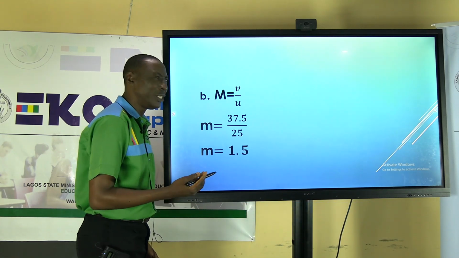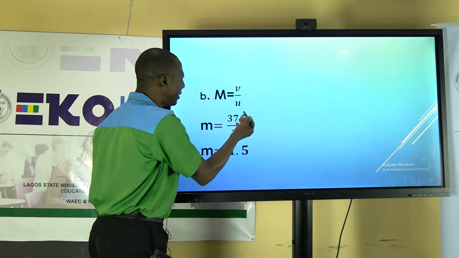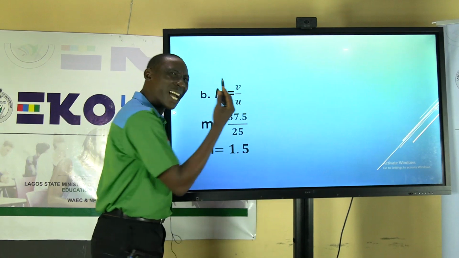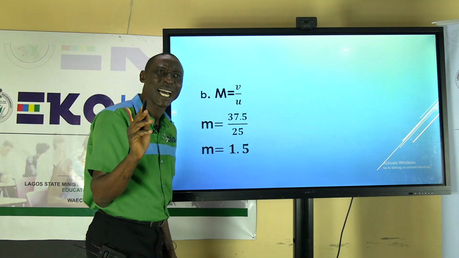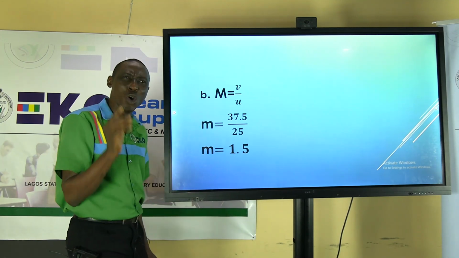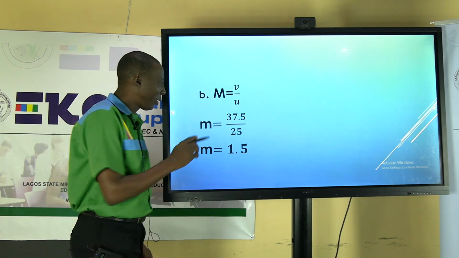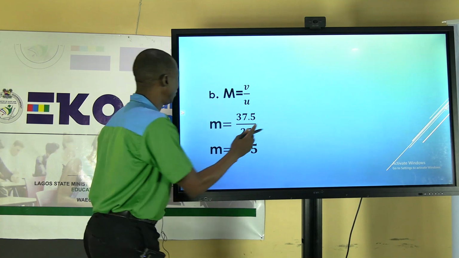It does not have a unit because the image distance and object distance are both in centimeters, which cancel each other. Please, for every answer, there must be a reason.